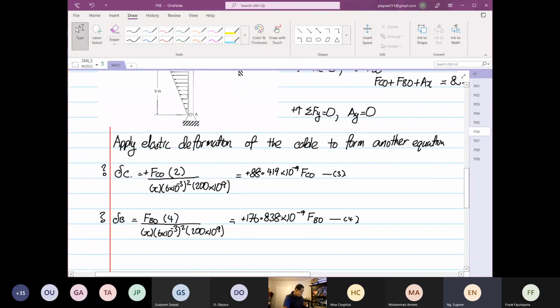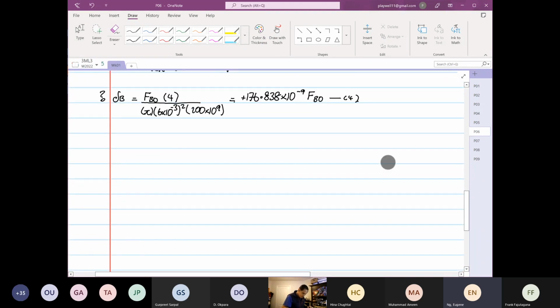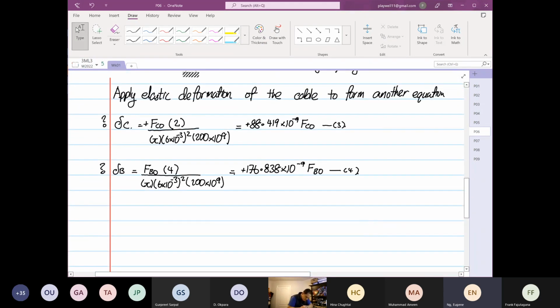So the next thing that we have to consider is we have to relate the deflection of point C and the deflection of point B based on geometry analysis.